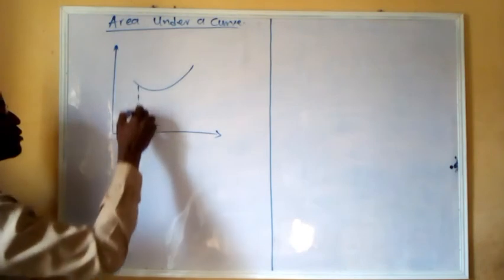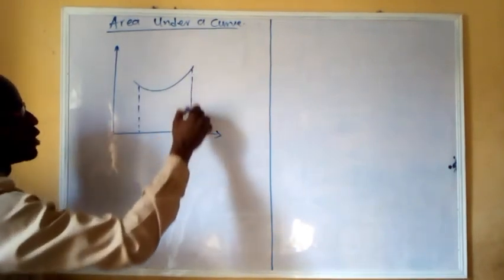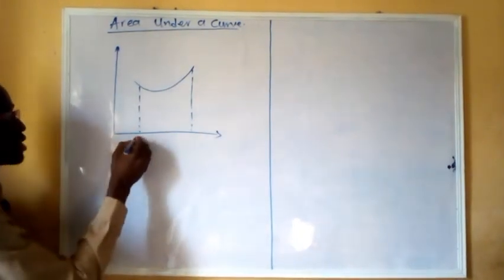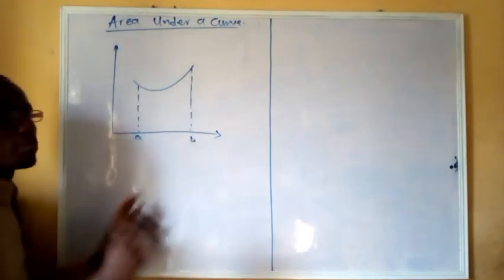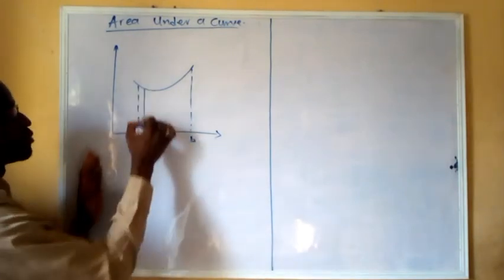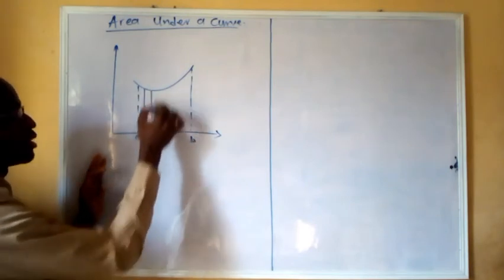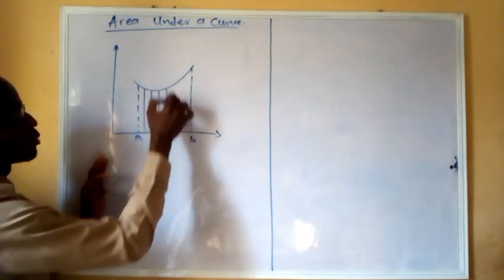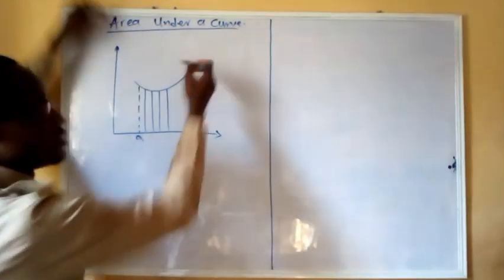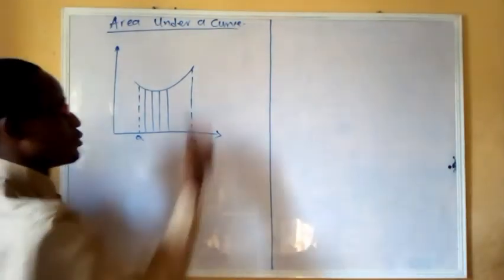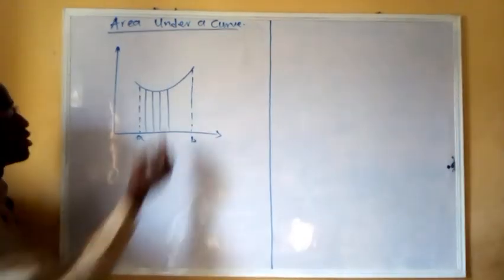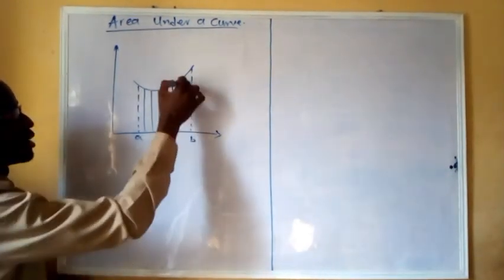Let's say right from here down here, that's the position of x, a, b. Now, the area bounded by this curve, so how can we find it? Picking these two points as a reference point. Anyway, you can pick any other points, if not this and this. So suppose we have something like this.